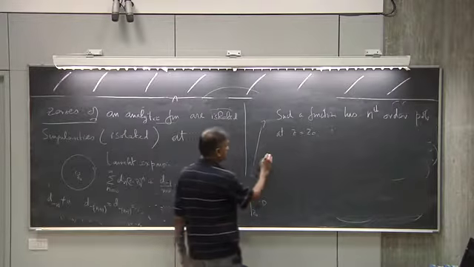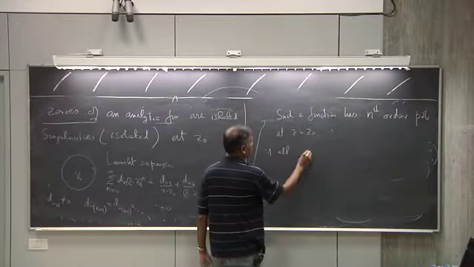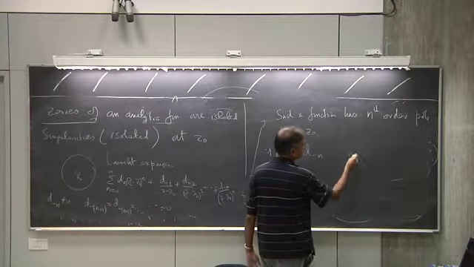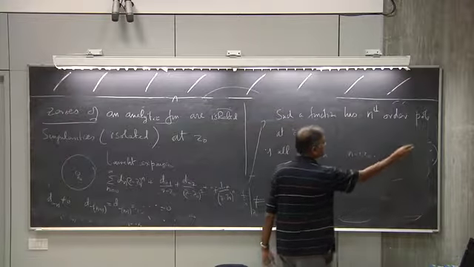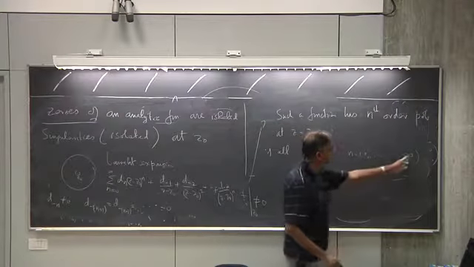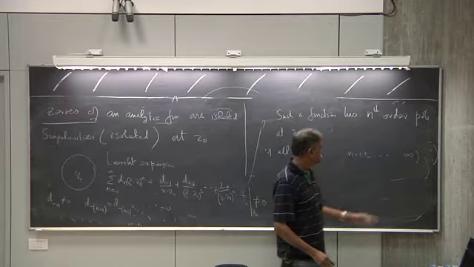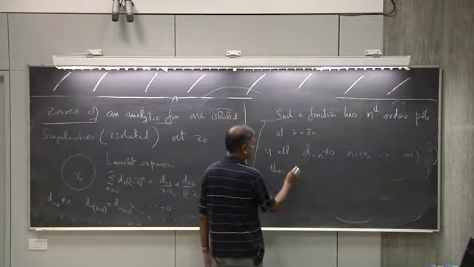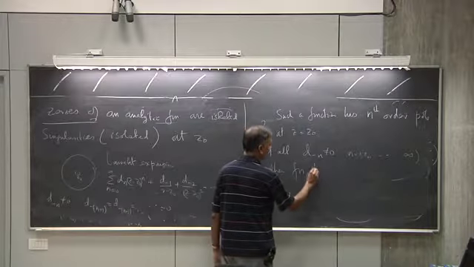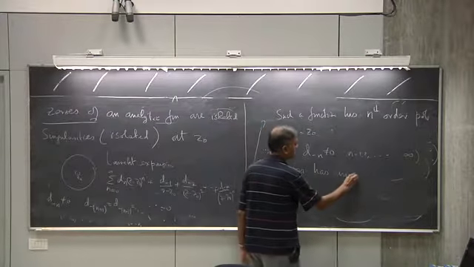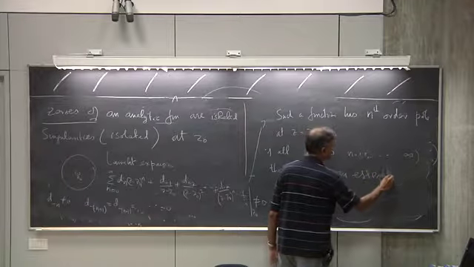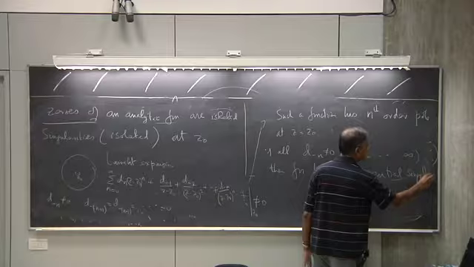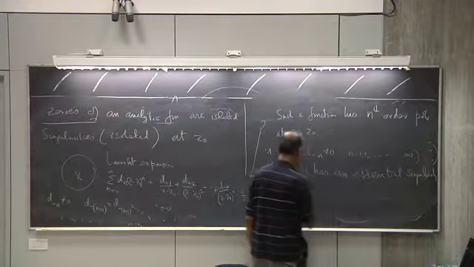So if all the d minus n's for n equal to 1, 2, up to infinity, meaning arbitrarily high number, are not 0, then you say that the function has an essential singularity at z equal to z naught.